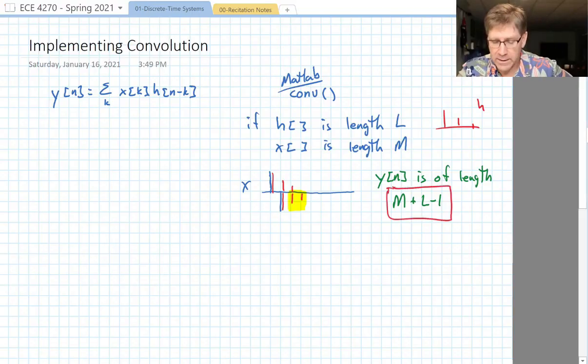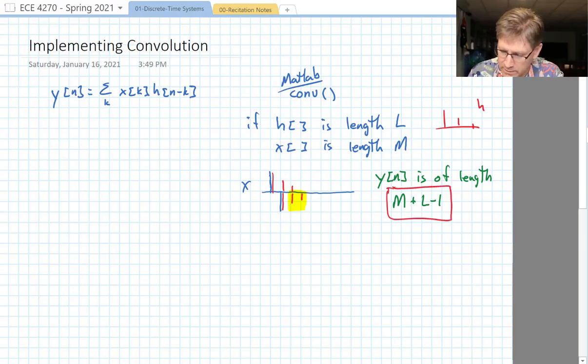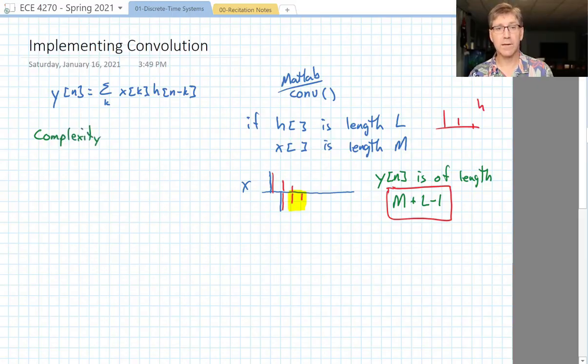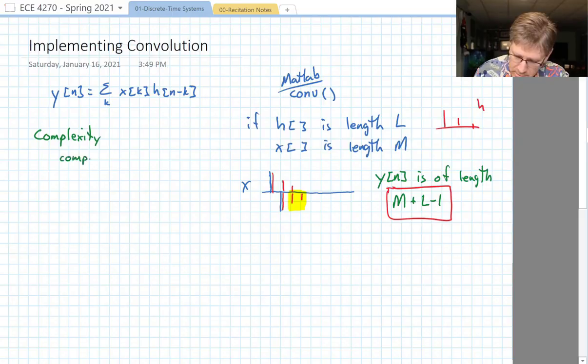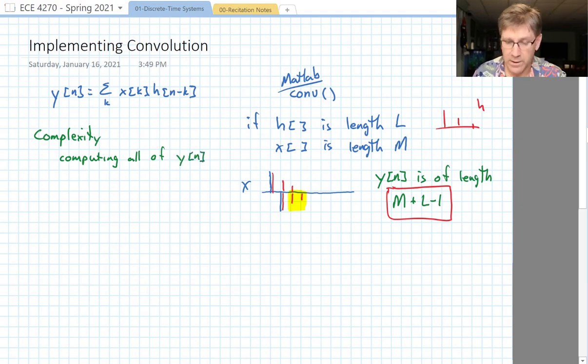Okay, so next, let's look at the complexity of computing all of those samples. So how does this work? Well, in general, all of y of n is going to involve all the multiplications above and all the additions. How many multiplications?